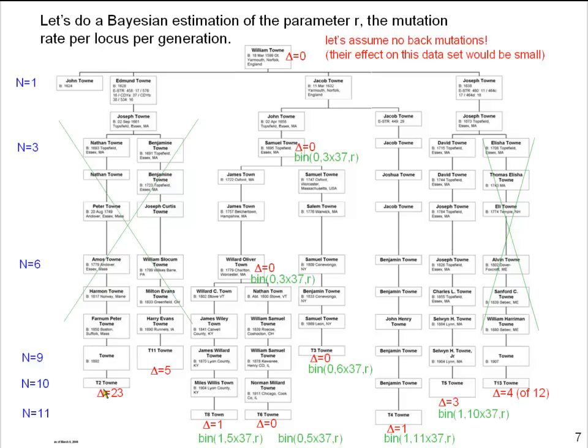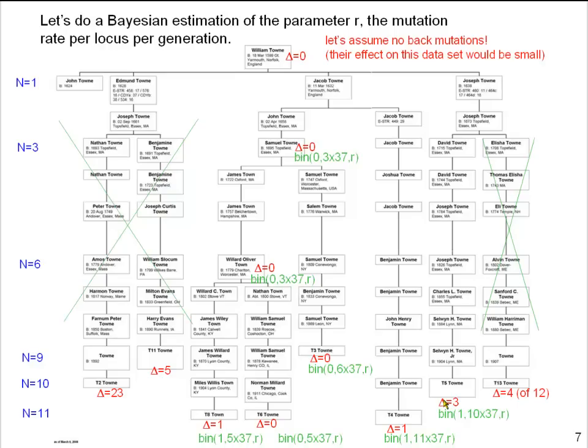But for now, let me delete this guy who had 23 changes, this guy who had 5, and this guy, T13 Towne, who had only 4 changes, but this is the one who only had 12 loci measured, so 4 out of 12 seems to be pretty large. Okay, so we're going to concentrate for a little bit on T8, T6, T3, T4, and T5.